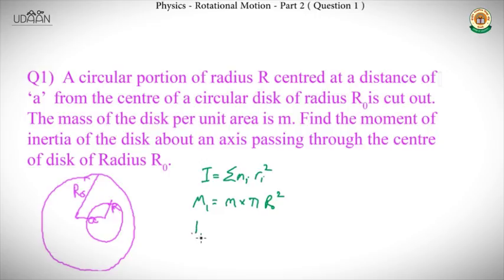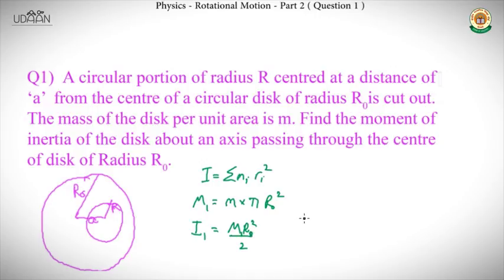So the moment of inertia I1 will be equal to m r square by 2. Here m will be m1 and r will be r0, since we are considering the bigger disk. This comes from the standard result.